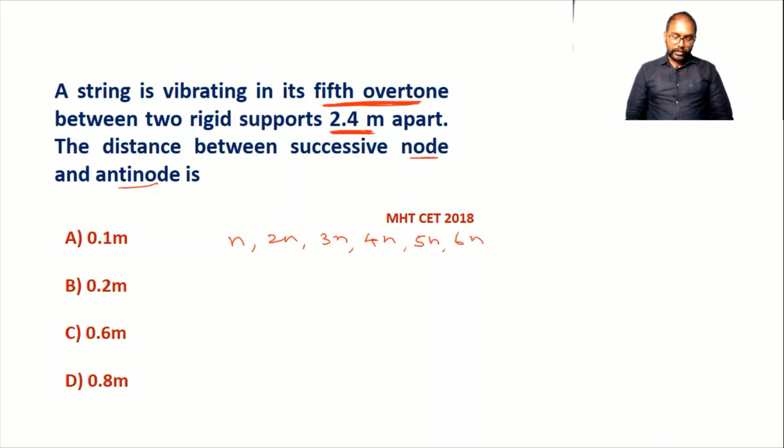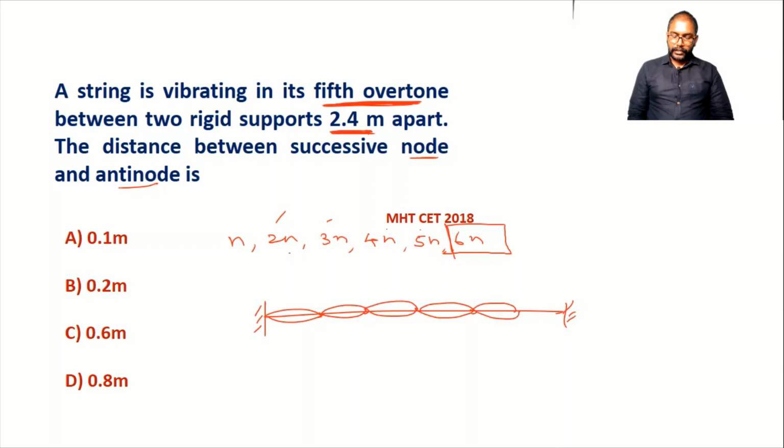Fifth overtone means 1, 2, 3, 4, 5, so fifth overtone means 6N. 6N means 6 loops are there. See here, I can draw 6 loops: 1, 2, 3, 4, 5 and 6 loops.